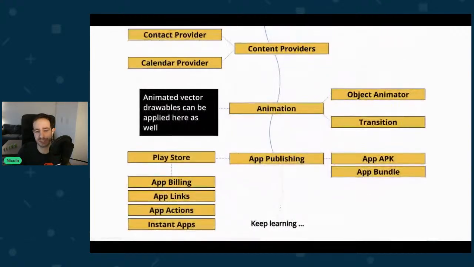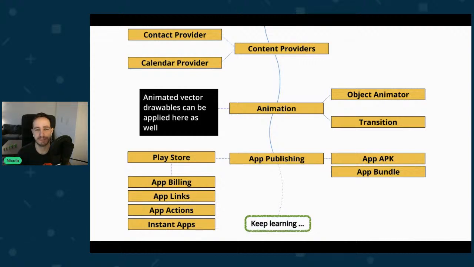But my suggestion here, just to wrap up, is keep on learning. You're never arrived. It's not that if you learn all of those boxes, then you're a senior Android engineer. It doesn't work this way. You need to continue improving and keep on learning, because there are a lot of things that are not even here on this map.